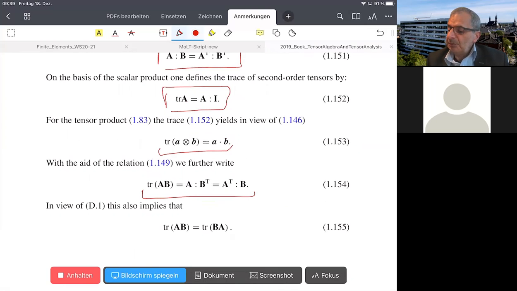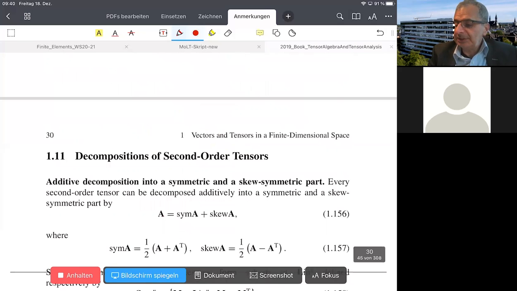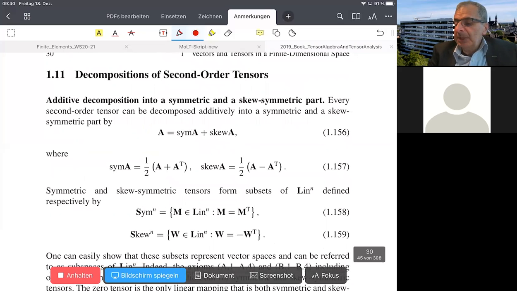We simply take a scalar product of these two tensors A and B, taking one of them transposed, right? And finally another important formula resulting from this commutative rule is that trace AB is equal to trace BA. Very important for continuum mechanics. We will use it very frequently next semester.